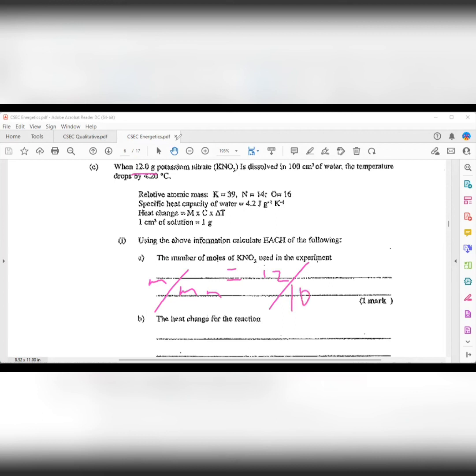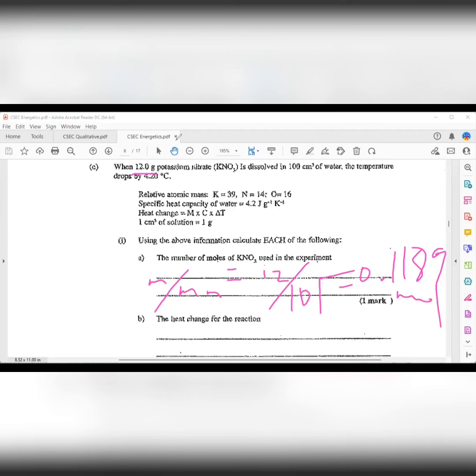So 12 divided by 101 works out to be 0.1188 or 89 moles. So this is your mole concept coming in.